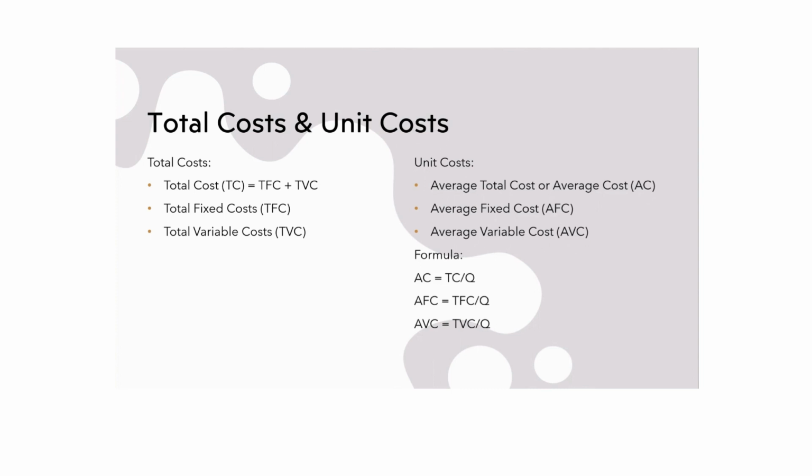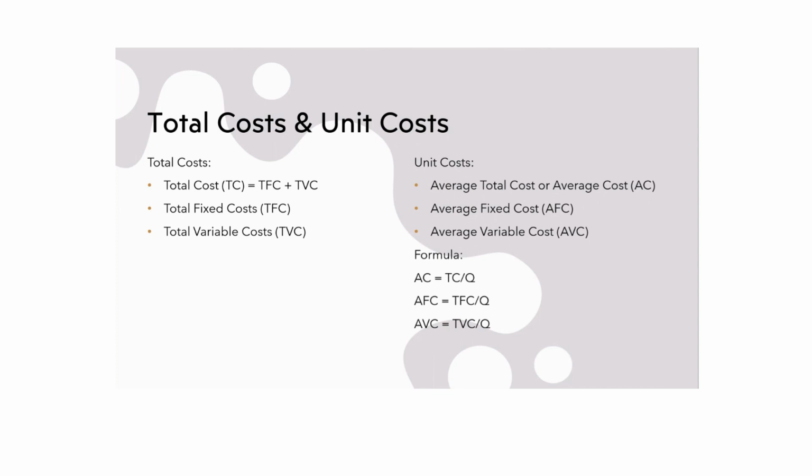The unit costs are the following: average total cost or average cost, they mean the same, average fixed cost, and average variable cost, which could be obtained by the following formulas. AC equals TC divided by Q, the unit cost. AFC, the unit fixed cost, is equal to total fixed cost divided by quantity.